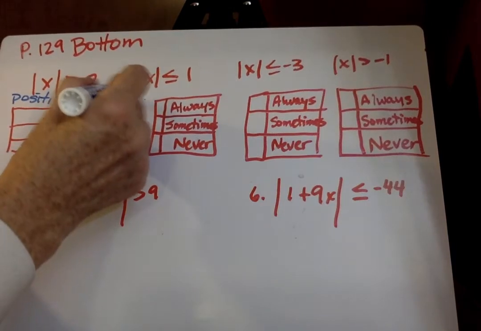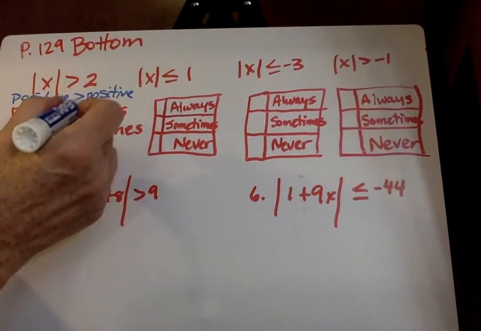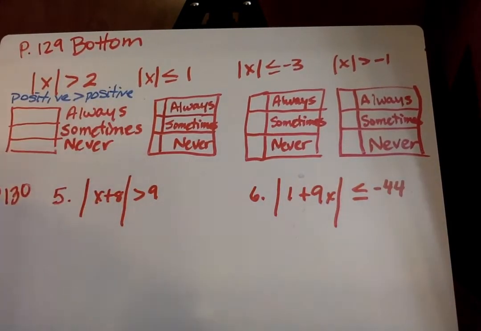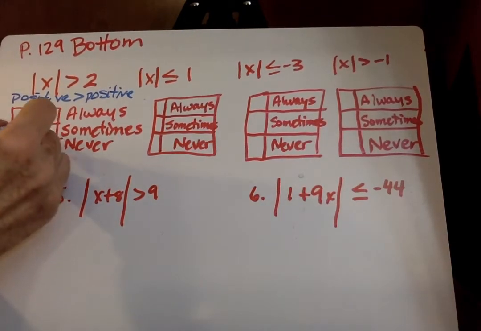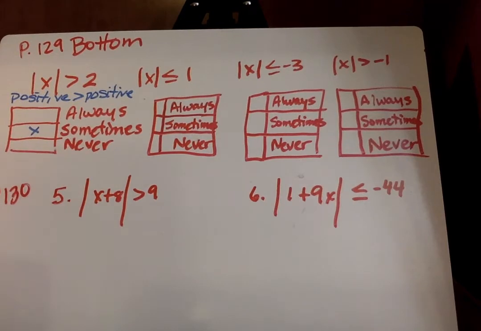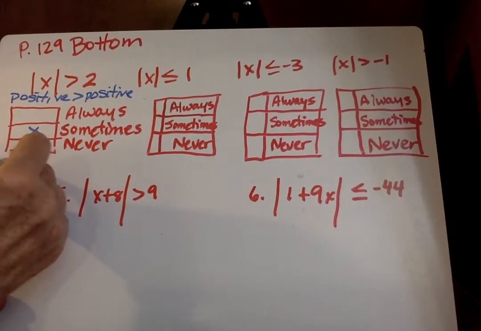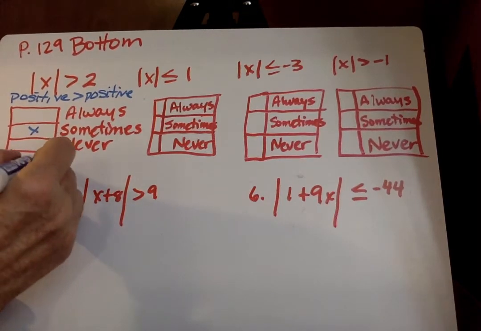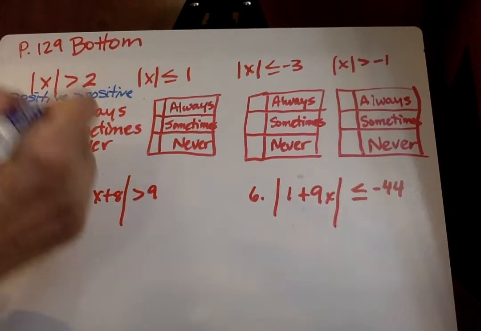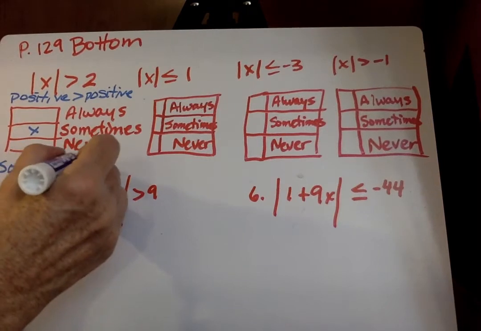Now, are some positive numbers greater than other ones? Are they always greater, or are they never greater? Okay, so it's sometimes. And your solution down at the bottom, is it an or an and? It's going to be an or.